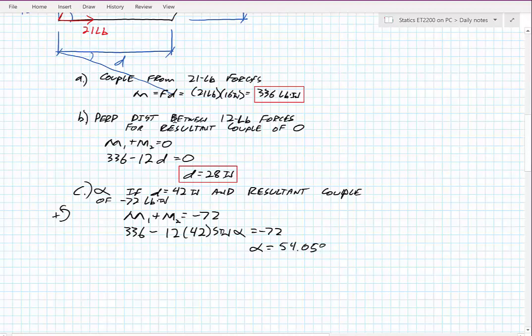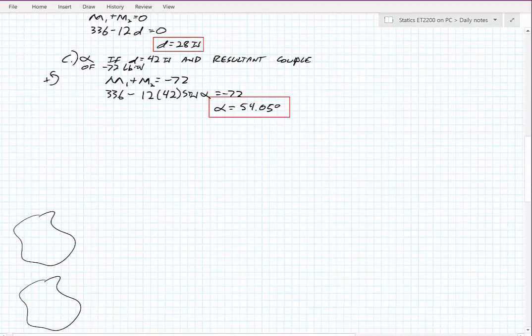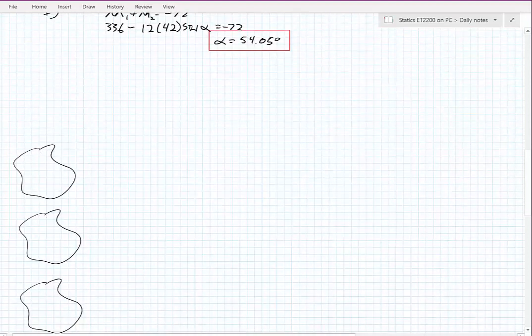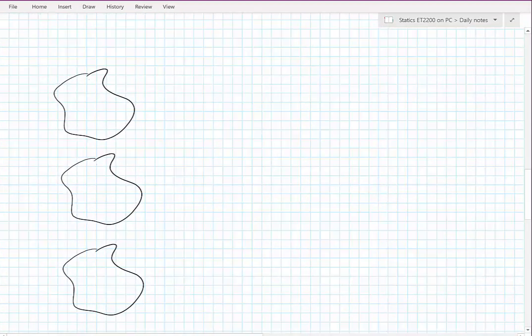So one of the cooler things about this idea of a force couple is it starts to open up these ideas of replacing forces, or resolving a force into a force and the result of the couple. That may have sounded very confusing, but let me write out exactly what I'm talking about here.